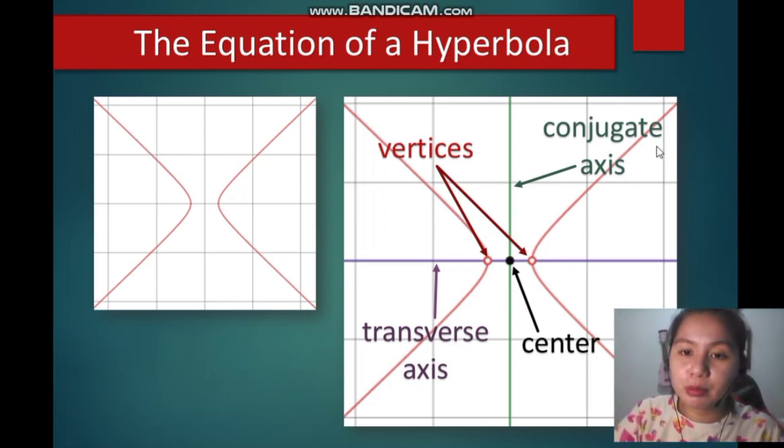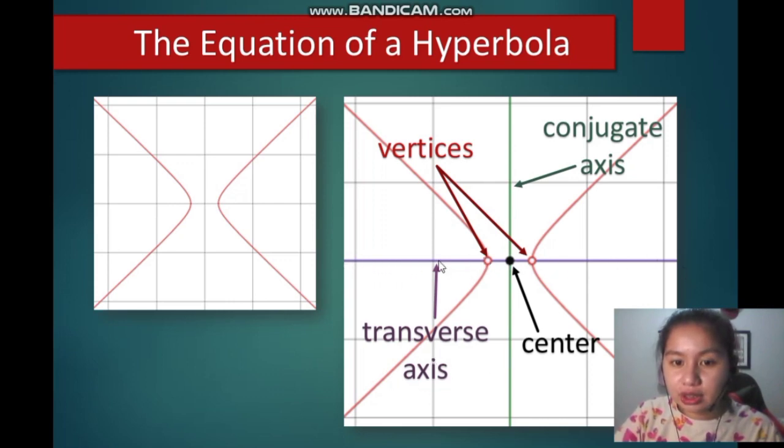Dito naman kay hyperbola, we have two axes: the transverse and the conjugate. Si transverse axis, siya yung line kung saan naglalay yung vertices. Since yung vertices ng hyperbola ay naglalay sa x-axis, that is the transverse axis, while yung y-axis naman, siya si conjugate axis.